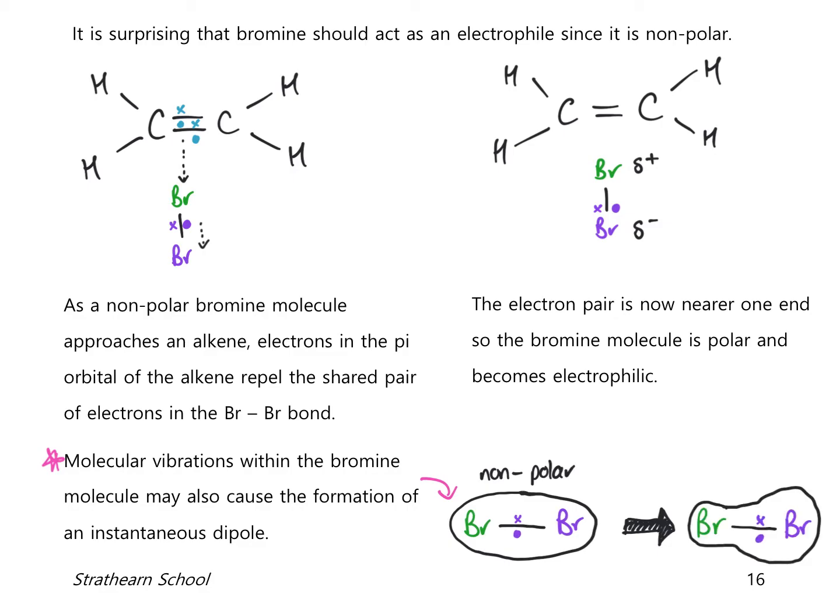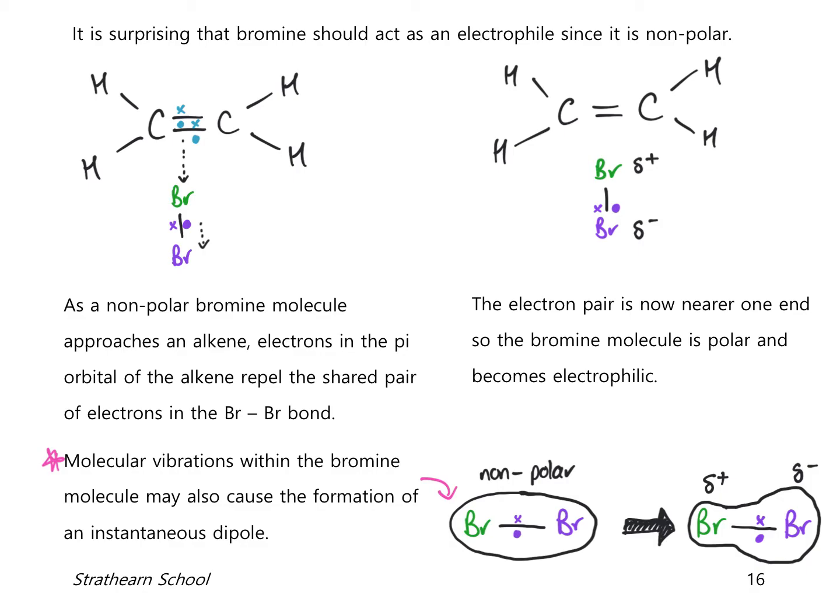Well, then we end up with an uneven distribution of that electron cloud. You can see the electrons are sitting slightly closer to the purple bromine atom now. So there's less electron density around the green bromine atom. So that is going to be our delta positive end. And there's a greater electron density around the purple bromine atom, that end of the molecule. So that end of the molecule will be delta negative.